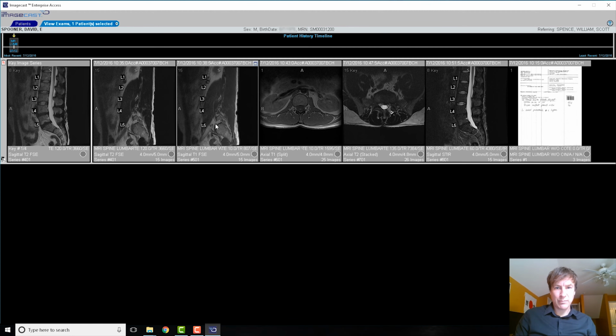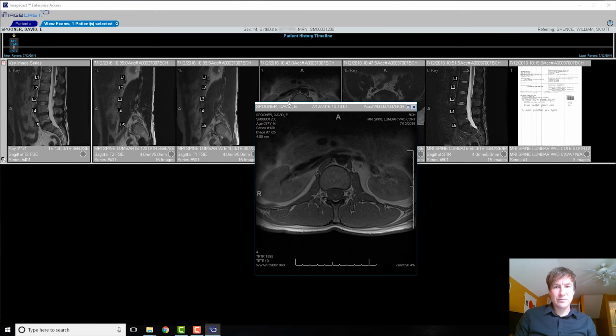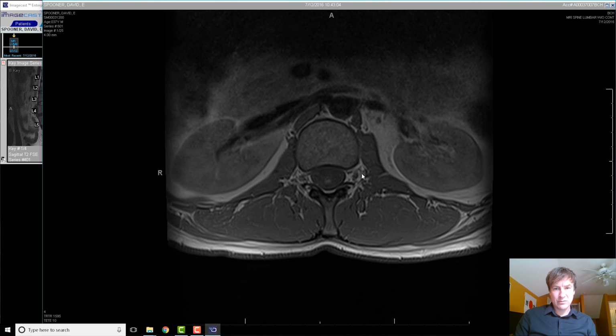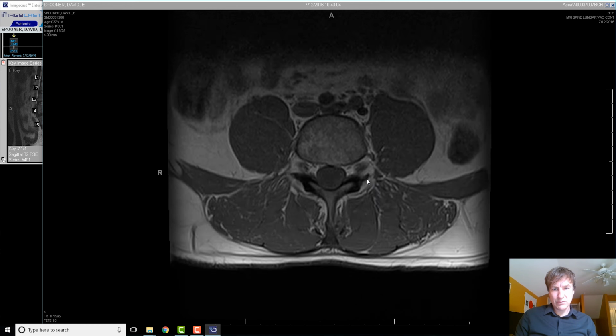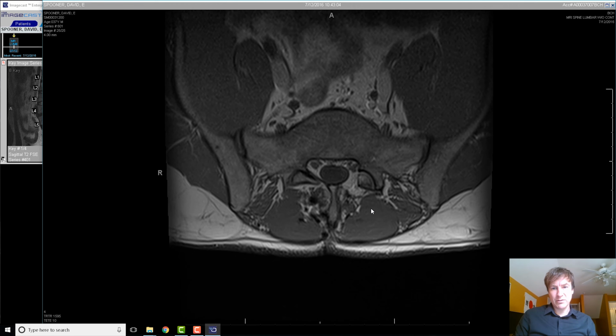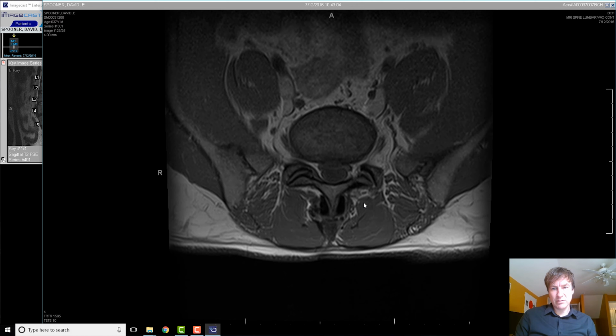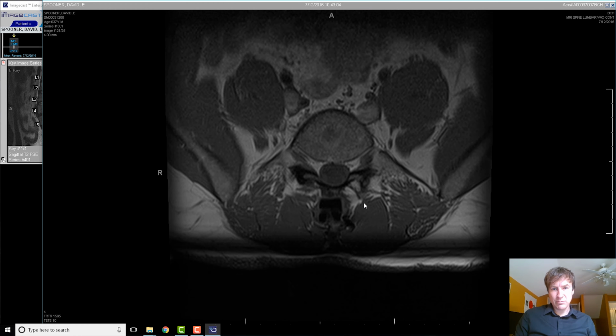Just being careful. So we'll go to the axial views here. These are blown out. I'm not sure. I think this is the upper part. So we'll go from the sacrum down, from bottom to top. So I believe this is the L5S1 disc. Moving up.